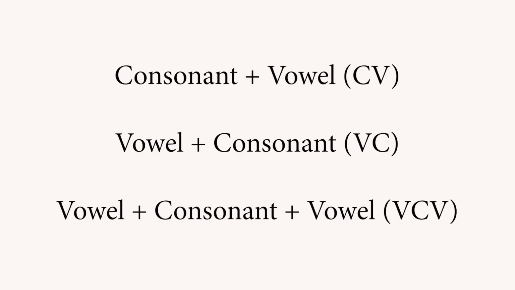After the client can produce the sound in isolation with at least 80 to 90% accuracy, you can move on to nonsense syllables. This means that the client would produce the sound in a variety of syllable structures: consonant plus a vowel, vowel plus a consonant, and vowel plus consonant plus vowel.